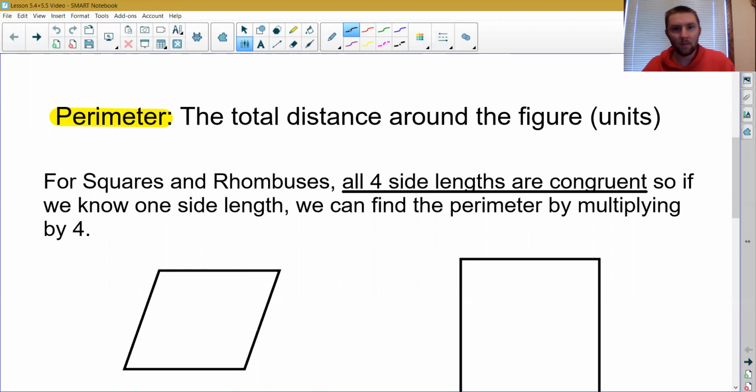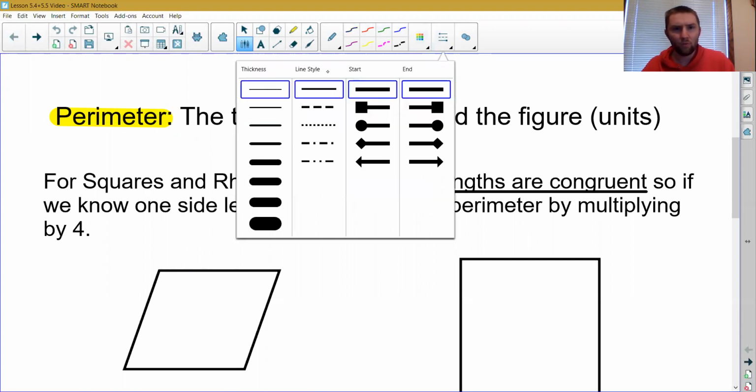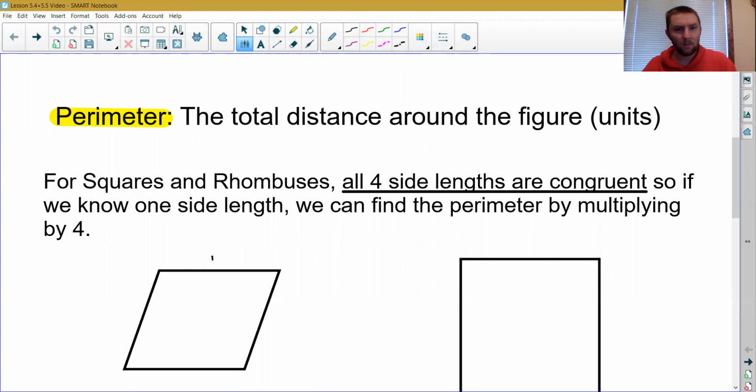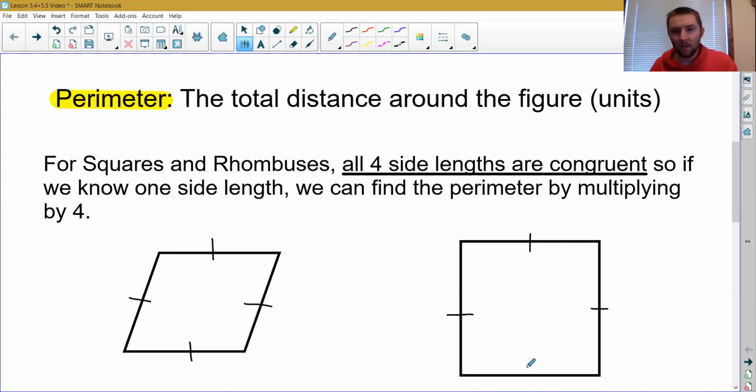This would be marked, this would be marked, this would be marked, this would be marked. Same over here in the square, they would all be marked. And then, of course, each corner would be marked as 90 degrees in a square as well, or at least one of the corners would need to be marked.